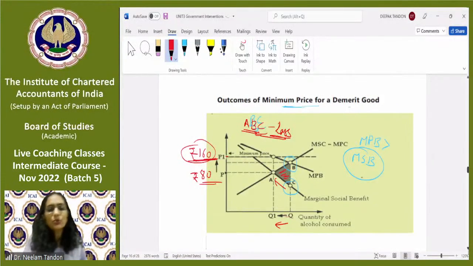I've already shared. You should understand the simple concept of people who go for demerit goods. Number one, demerit goods are not good for people. They lead to negative externalities. And it is available at a lower price to the set of people who derive immense benefit from it. So the marginal private benefit is more than what people suffer.